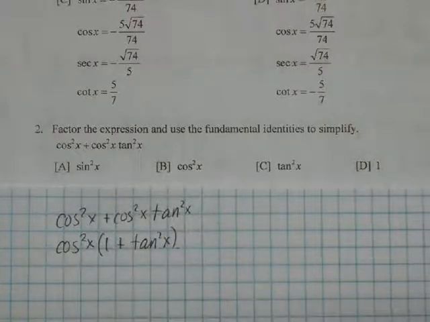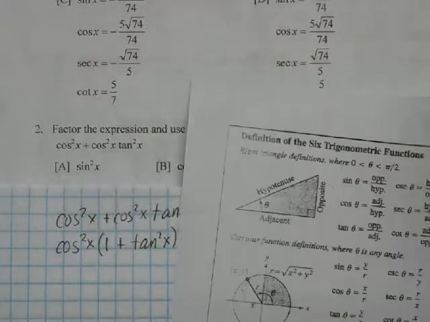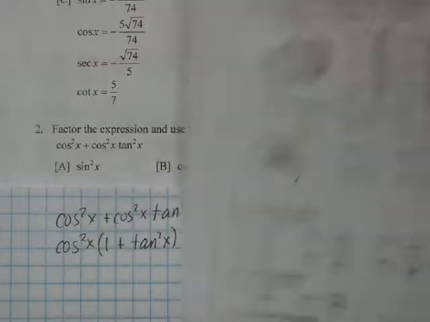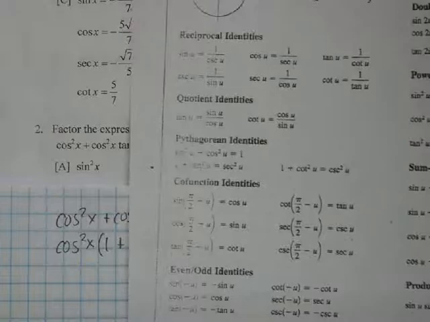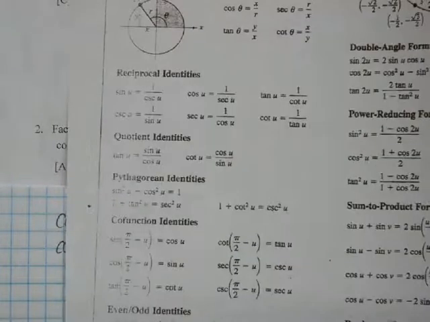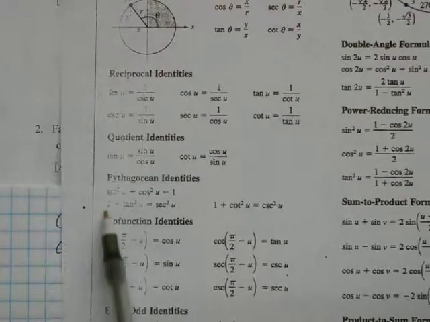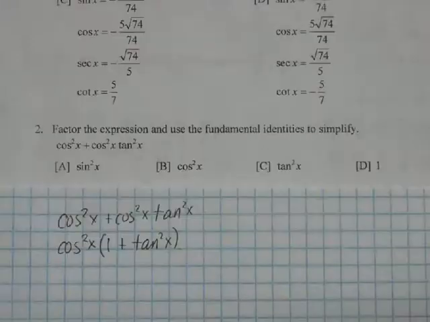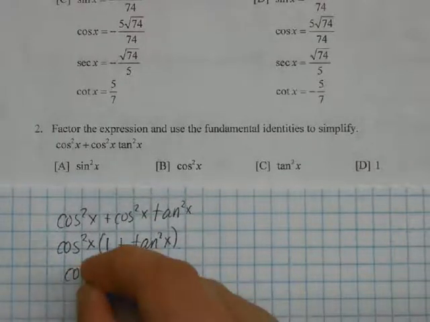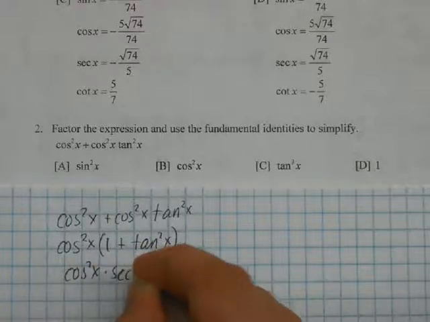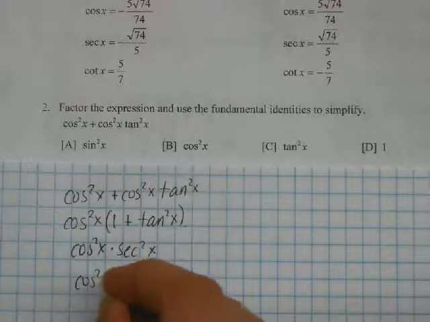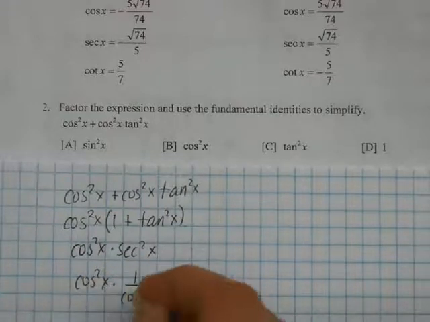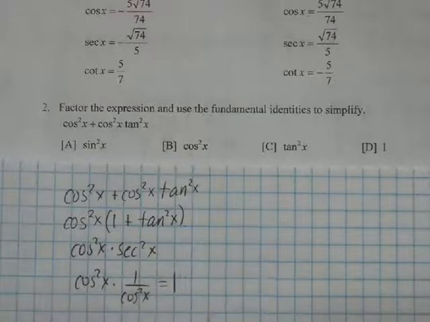And if we look at our identities, we will see that 1 plus tangent squared is secant squared. So this becomes cosine squared times secant squared. And we know secant squared is 1 over cosine squared. And that gives us the answer of 1.